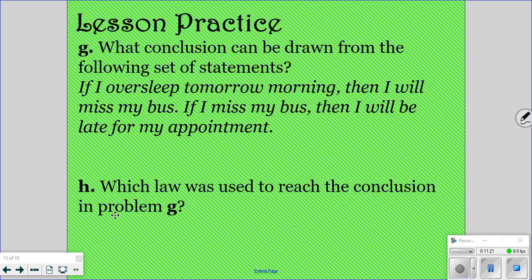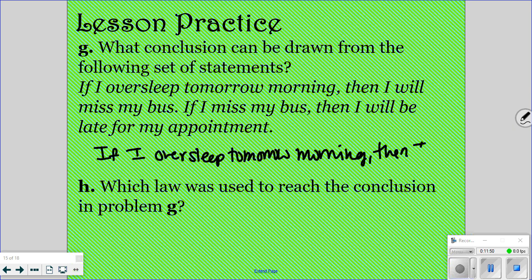Looking at these two, y'all see if y'all can do them by yourselves, and then unpause the video and I'll go over it. So the conclusion, if I oversleep, I will miss my bus. If I miss my bus, I will be late for my appointment. If I oversleep tomorrow morning, then I will be late for my appointment.